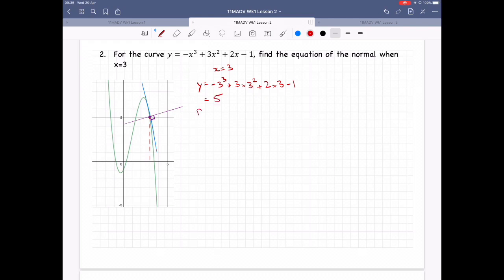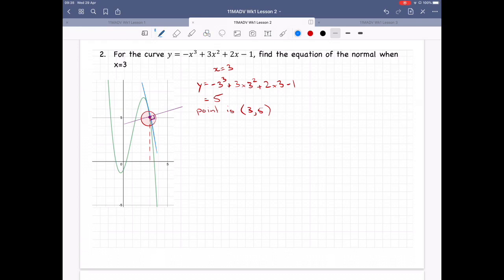So our point that we're looking at is (3, 5). And if we look at our sketch here, we can see that that makes sense. We have that point of (3, 5).